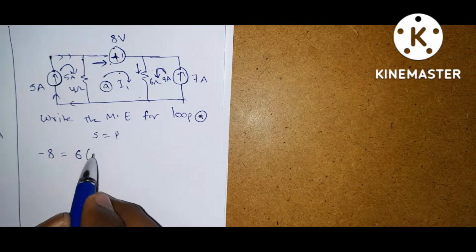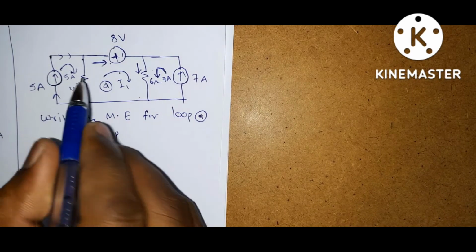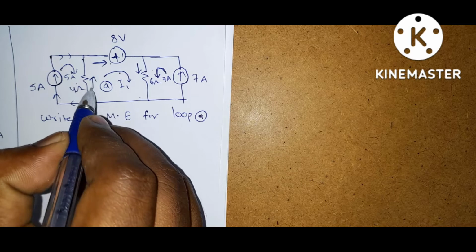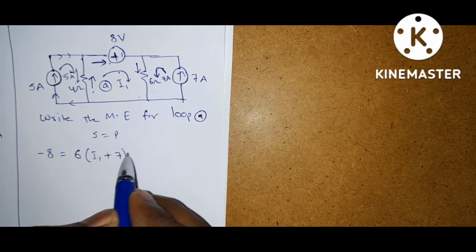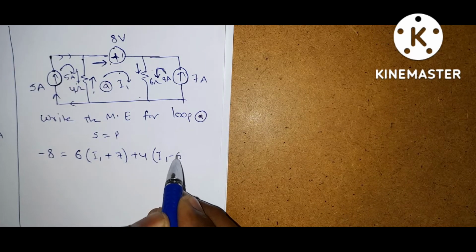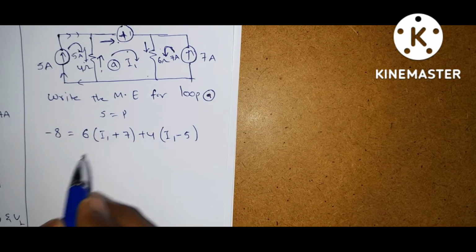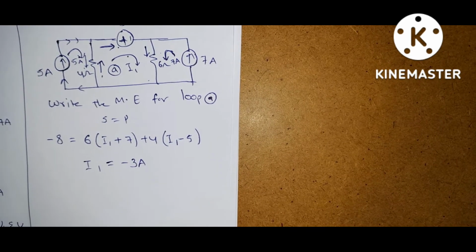Both currents are in the same direction. And coming to this, here it is bottom to top, but this is top to bottom, so plus 4 into I1 minus 5. By solving this equation you will get I1 is equal to minus 3 amps.